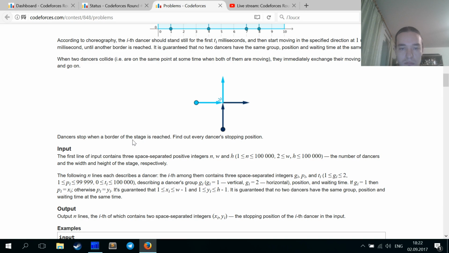We want to sort the dancers in the same group by this order. So for vertical guys it has to be decreasing.